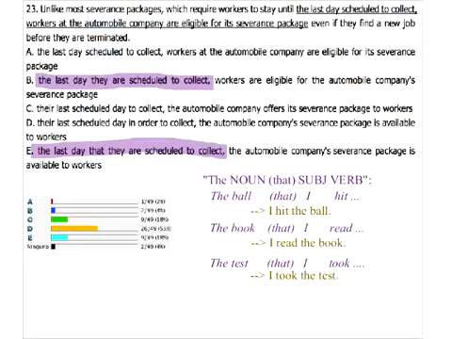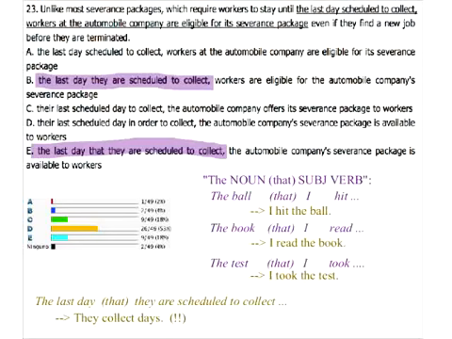So by extension, if you say the last day that they are scheduled to collect, what that means is that they collect days. That doesn't make any sense, right? The last day that they collect means they have to collect that day. Nobody's collecting days, so this doesn't work.